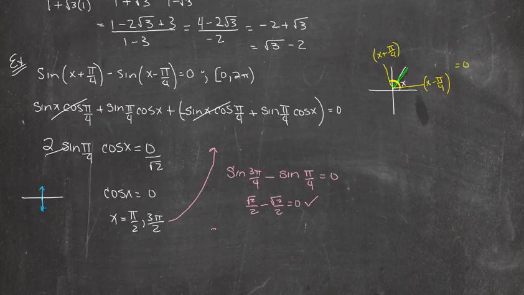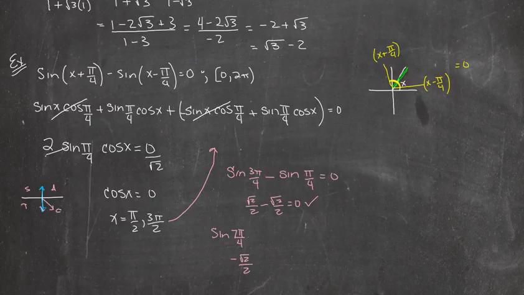On the other one, the sine of 3 pi over 2 plus pi over 4. 3 pi over 2 is down here, plus pi over 4, that puts us at 7 pi over 4. What we care about is that it puts us in the fourth quadrant, where this is negative root 2 over 2.